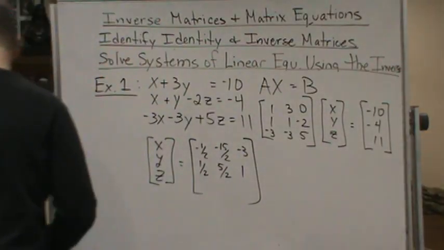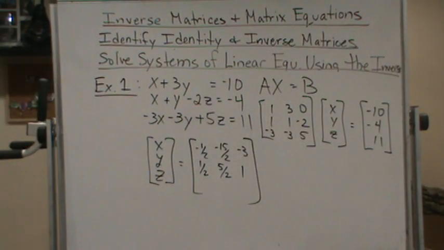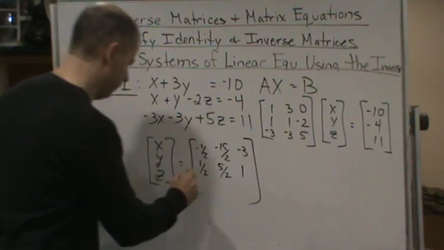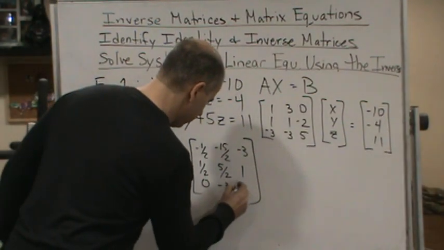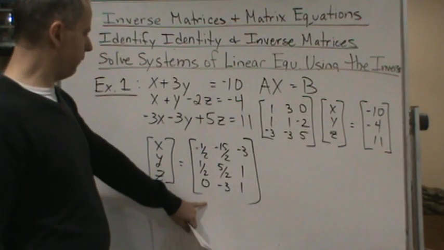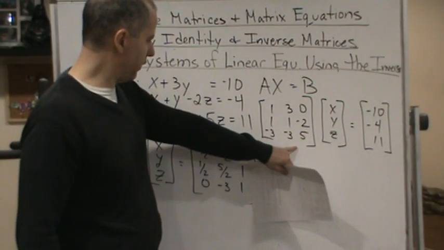You should have this in your notes from the previous example. And then 0, negative 3, negative 1. All right, so this was our inverse.